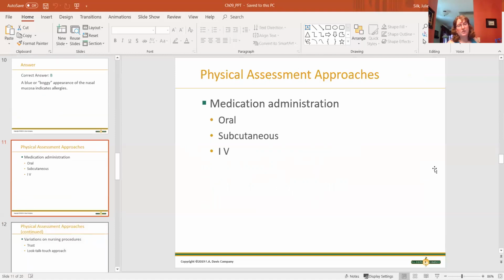Okay, so physical assessment approaches, medication administration. With oral medicines, they can take oral medicines at this age. They might take oral liquids with an oral syringe or a medicine cup.